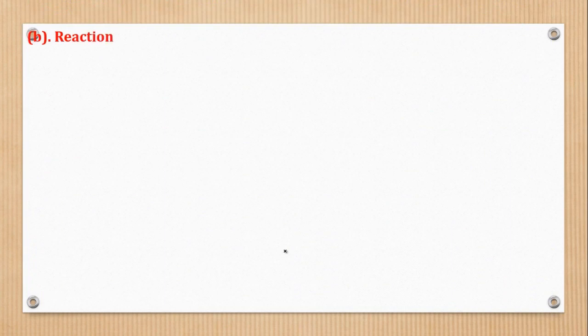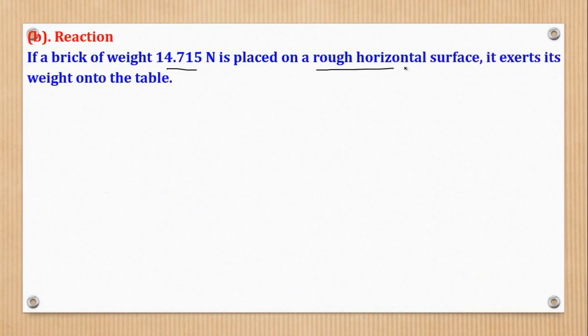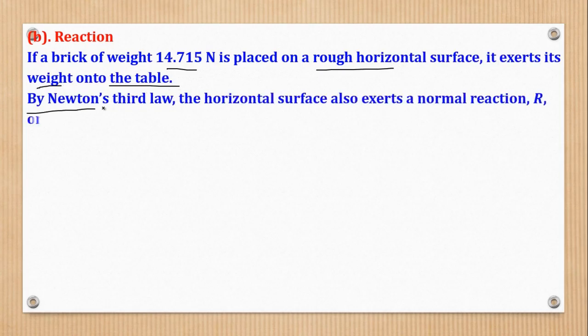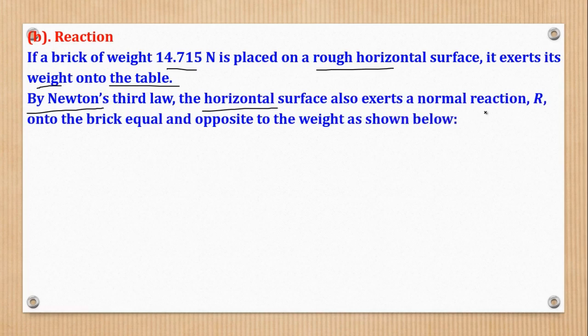After weight, there's another force called reaction. If a brick of weight, this, is placed on a rough horizontal surface, it exerts a weight onto the table. And when that happens, by Newton's third law, the horizontal surface also exerts a normal reaction, capital R, onto the brick, which is equal and opposite to the weight, as shown.